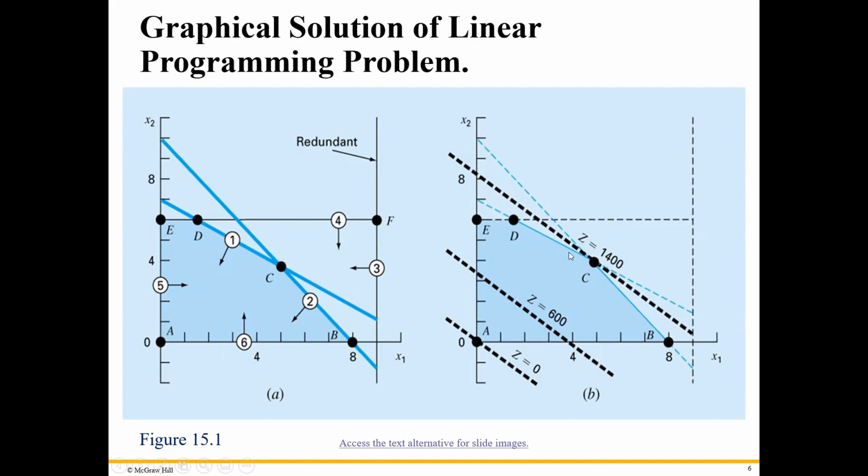If we move this curve in, then it will be intersecting that feasible region at more than one point, okay? But only at this point it is touching at one point only. So that is the optimum solution for this linear programming problem.